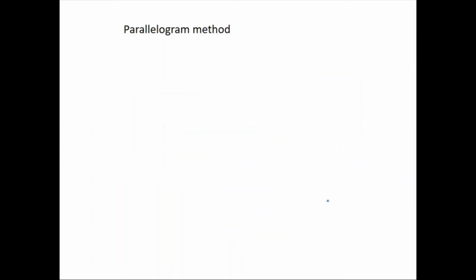Let's learn adding vectors by the parallelogram method. Now assume we have vector a, and we have another vector, vector b, and we want to sum them up. In this case, I'm going to draw vector a, and I'm going to bring vector b somewhere here. Their tails are going to be at the same point.